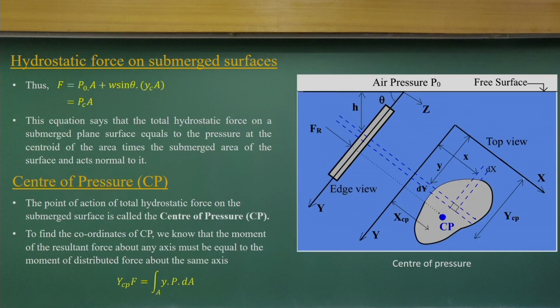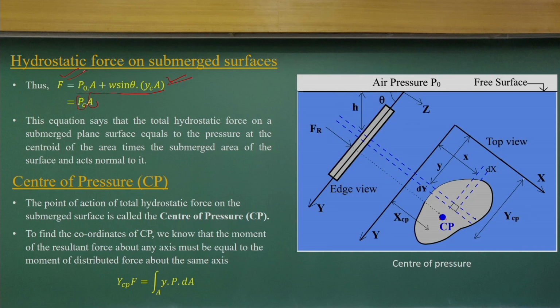That means if I put all these values in, what I am getting is w sin theta times yc times A. If you take A out, at the center of gravity, the CG point, we have the pressure Pc, and multiplying it by the area gives the force.